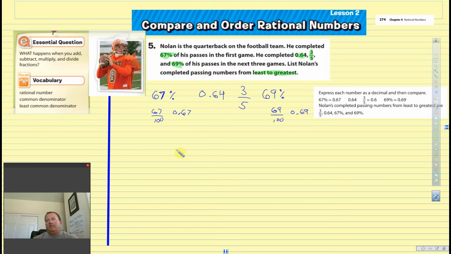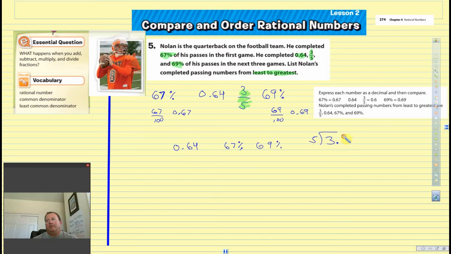So I could put the first 3 in order. I know that 0.64 could go here. And if this is 67%, I know that it could go here. And I know that this is 69%, so it could go here. I'm just missing one. I need to figure out where 3/5 goes. So what do we do? Convert it into a decimal. You guessed it. 3 divided by 5.